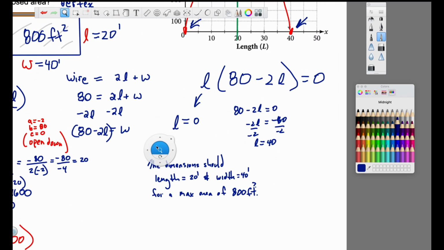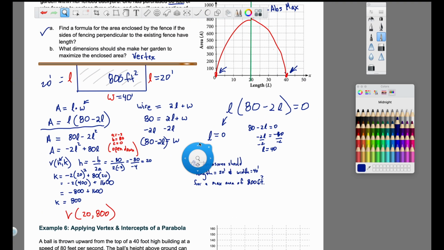I hope that makes sense. A good maximization problem right there.